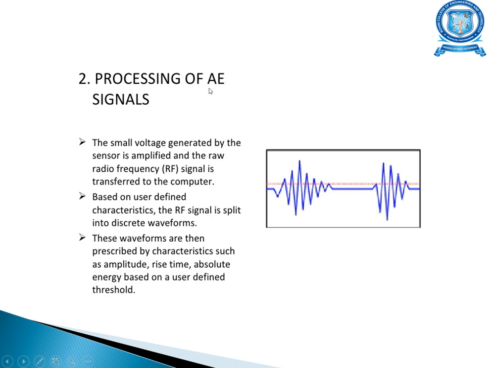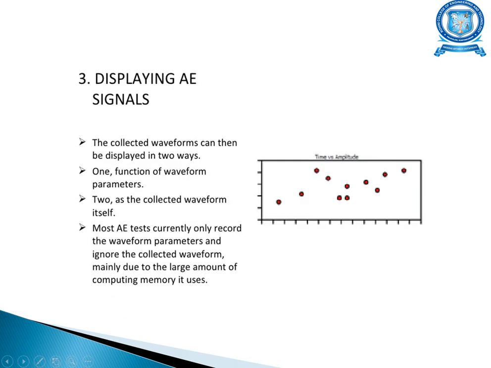So, processing of acoustic emission signals. The small voltage generated by the sensor will be amplified, and the raw radio frequency signal is transferred to the computer. Based on user-defined characteristics, this radio frequency signal is split into discrete waveforms. These waveforms are then described by characteristics such as amplitude, rise time, and absolute energy, all based on the user-defined threshold.